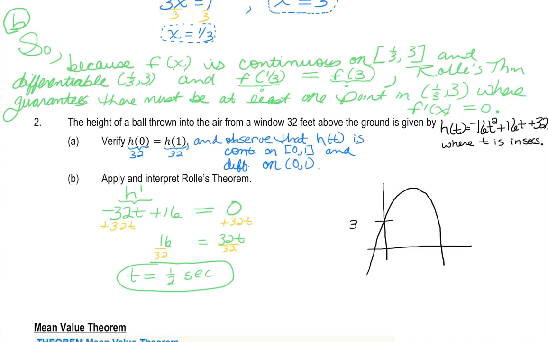And it has a negative leading coefficient, so of course it's going to open down. And so we're really only interested, honestly, in what's happening here in our first quadrant, because we're just talking about this region, the height of the ball over t, as the input in seconds.